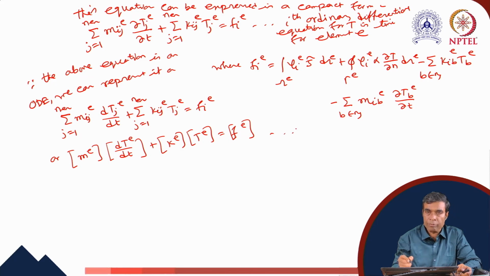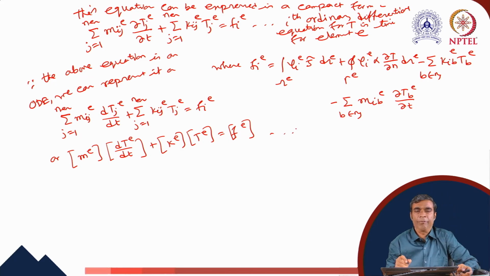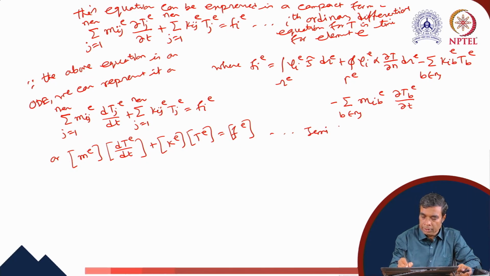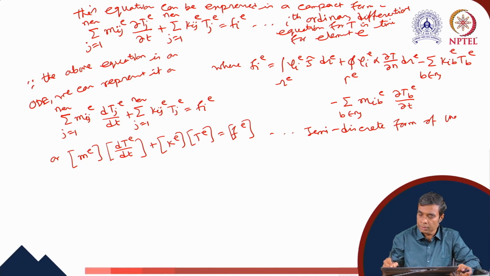So this particular form is known as the semi-discrete form of the given strong form.